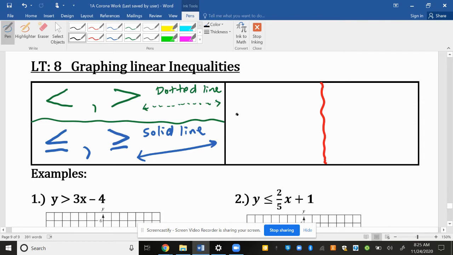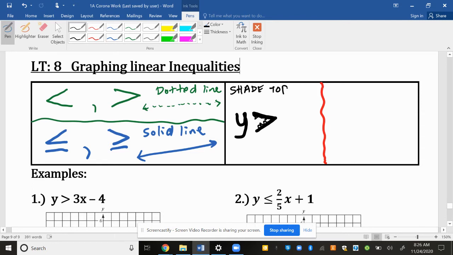If the inequality sign, whether it has an equal or not, it doesn't matter, is facing the y, if the alligator is eating the y, some of us remember this as an alligator eating the bigger number, then you're going to shade the top of the line.